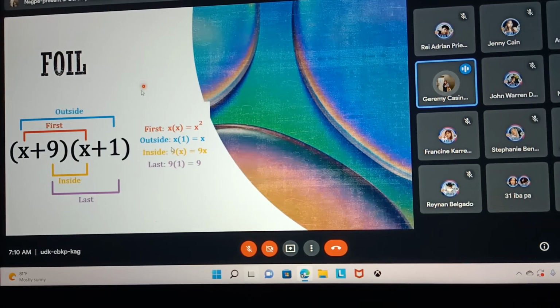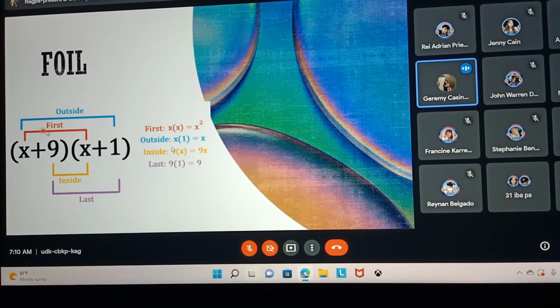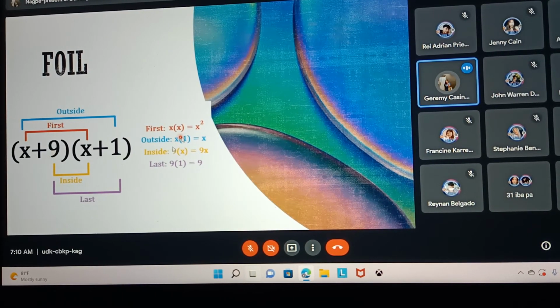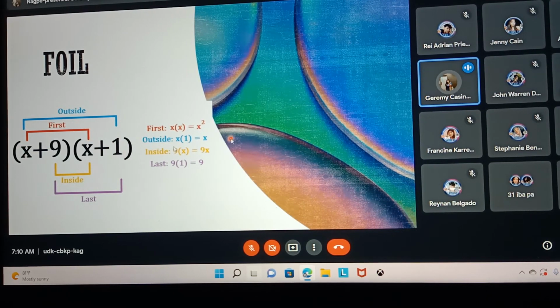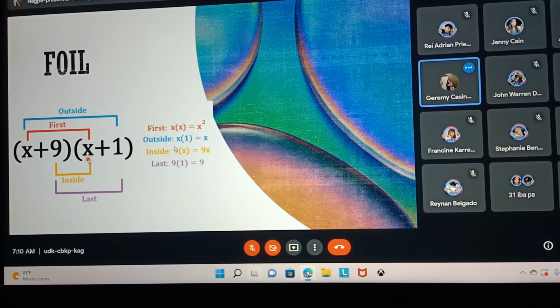So, paano nakuha? So, we have the first term. Ito po, x times x, so that is x squared. Outside, that is x times 1, that is x. Inside, that is 9 times x, that's 9x.